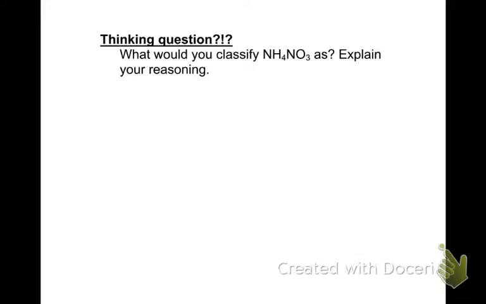So here's a thought question. What would we classify NH4NO3 as? Would we classify it as a heterogeneous mixture, homogeneous mixture, compound, or element? Well, let's take a look. We've got 1, 2, 3, 4 capital letters. So multiple capital letters is indicative of us dealing with a compound.